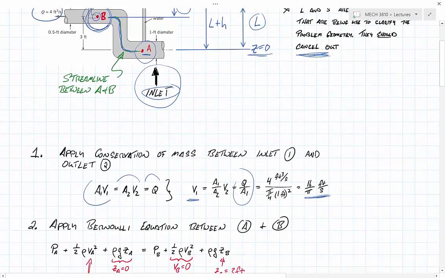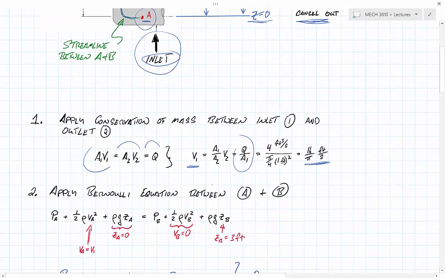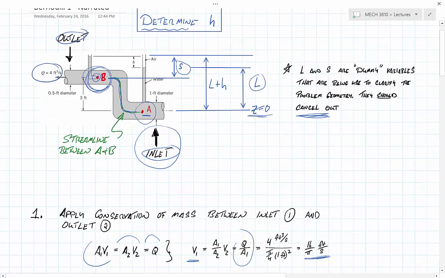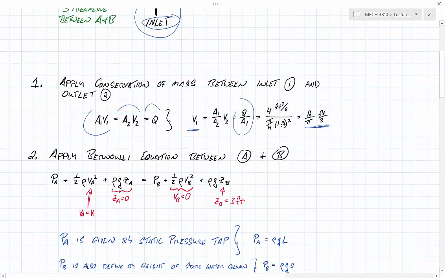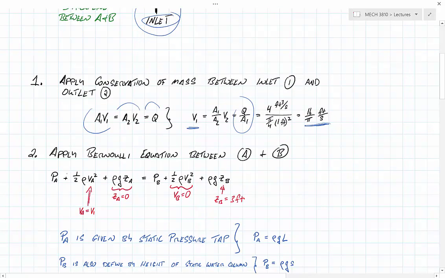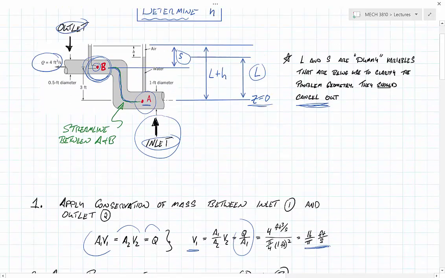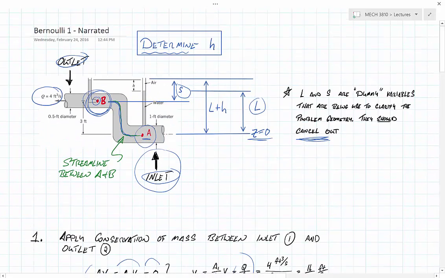All right, the next thing we want to do is apply the Bernoulli equation between these 2 points, A and B. So what do we know? PA plus 1/2 rho VA squared plus rho g ZA. Well, we've defined the location of A as being the zero datum of our hydrostatic potential, and we've just determined a value for V1, and we recognize that here V1 and VA are the same values.